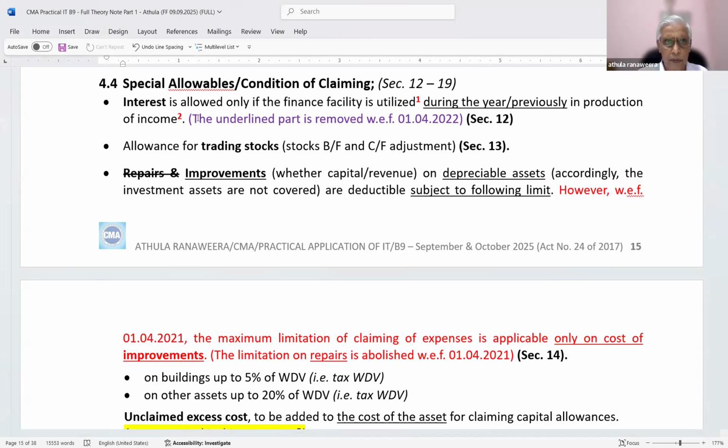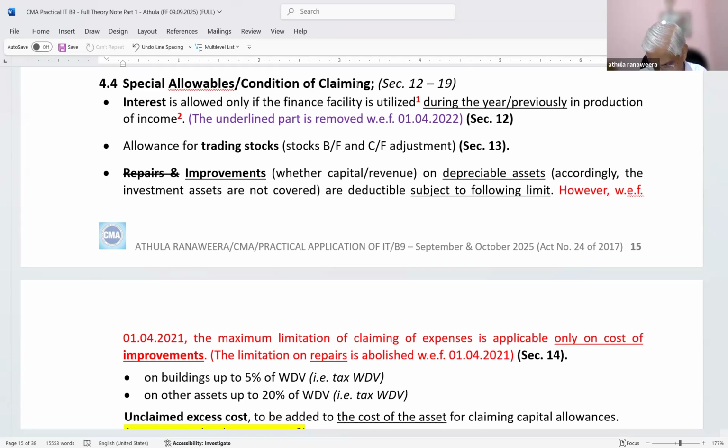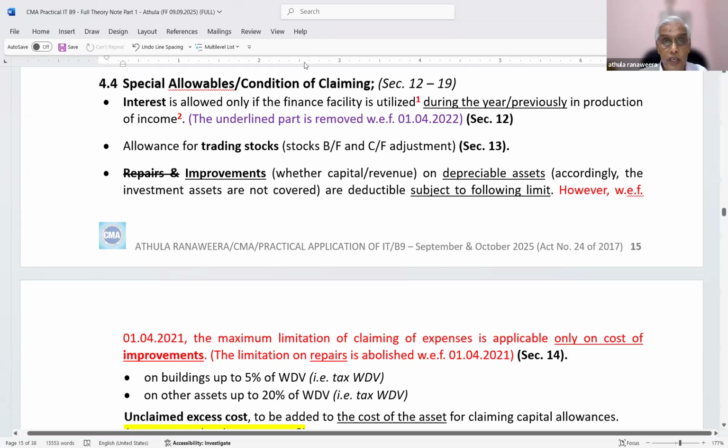Some of those things give special allowables, while in certain cases there are some conditions also. Especially in interest expenditure, there's a condition in section 18. Right. Now, we learned section 12 to 19 that day.